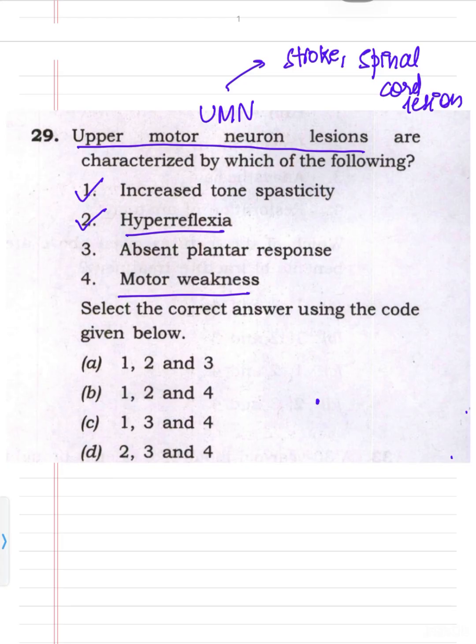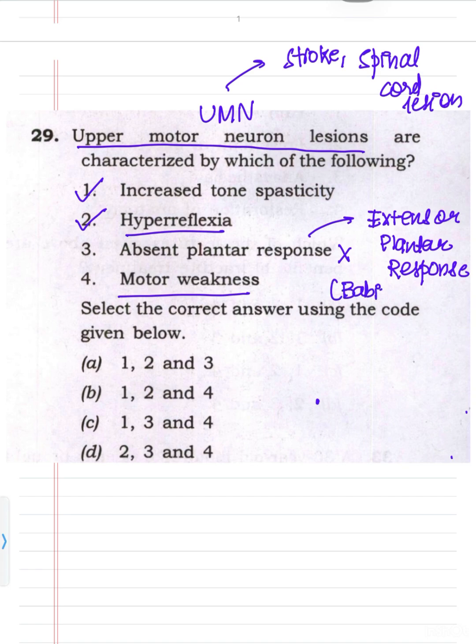There will be hyperreflexia. The third option is absent plantar response. This is incorrect. Rather, there will be extensor plantar response, which is also known as the Babinski sign.